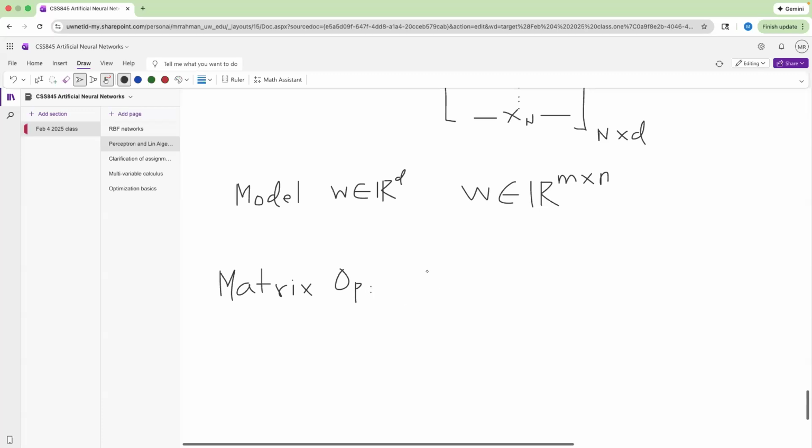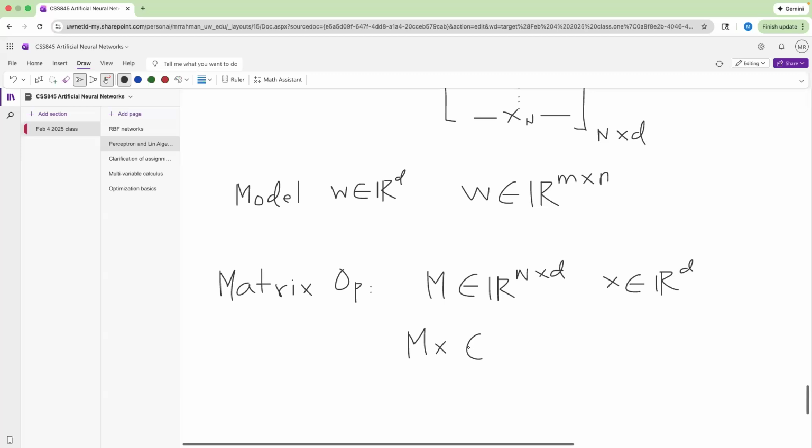Typically we have matrix operations. If you have a matrix in R^(n by d) and a vector x belonging to d-dimensional space, then you can compute the matrix vector operation.